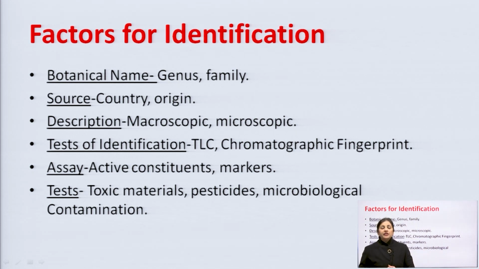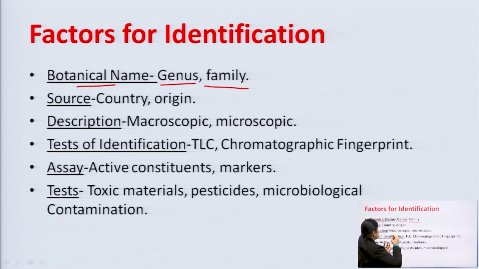Now, when you need to identify the plant, what do you need to identify exactly? Its botanical name, which genus it belongs to, what its species are, whether there is a further variety, what family it belongs to, what is the source, like saffron which is in India or saffron which is in Iran, right?